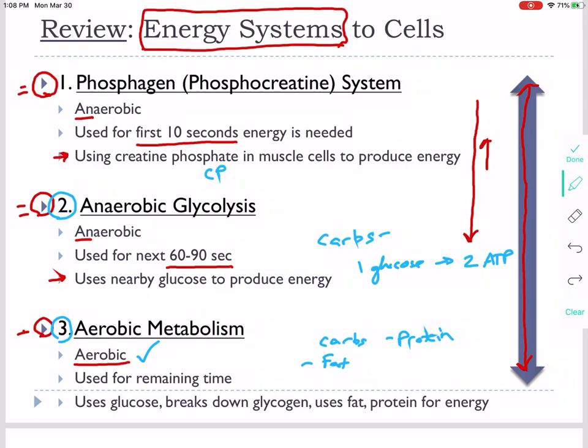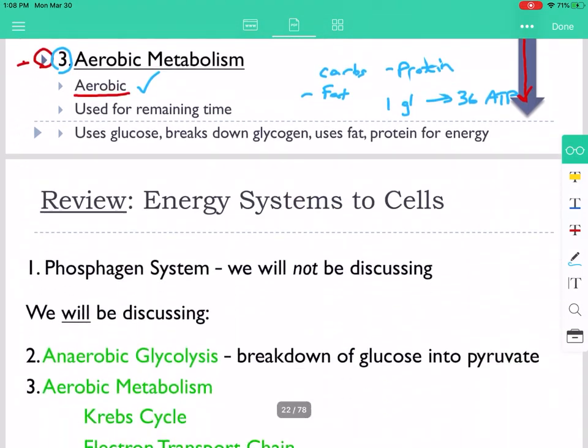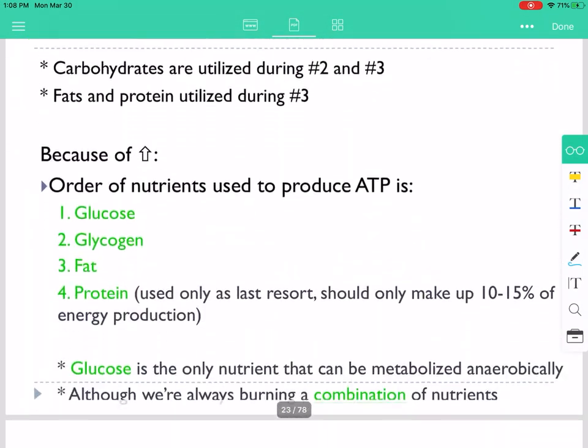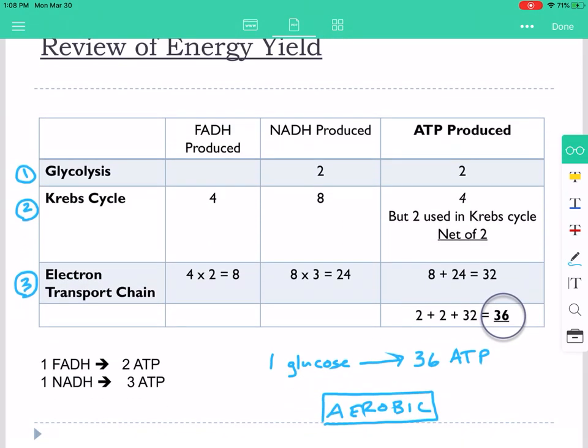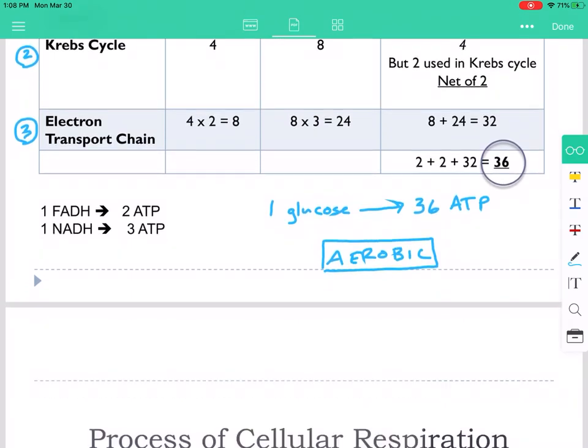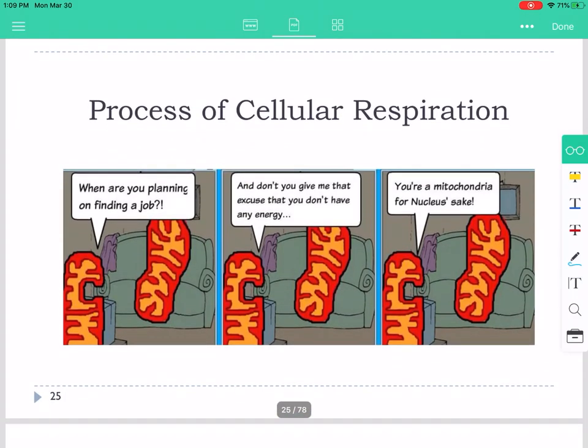I mean, it does its job because it's quick, but we want to get to the oxygen, because once that oxygen comes in, now for that 1 glucose, I can yield 36 ATP. More bang for our buck. Very efficient. You do not have to know all these numbers. You should know the circled number, though, that for 1 glucose, we have a net yield of 36 ATP.